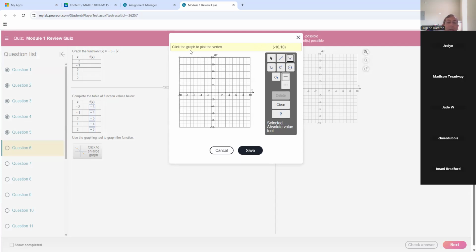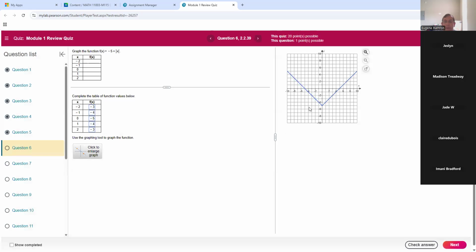When I click on that, it says plot the vertex. That's that middle point we had, that 0, -5. So I'm going to go here to 0 and down to -5. There's my vertex point. Now I can grab any other point I want to. So I'm going to do the -2, -3. So come left to -2 and then down to -3. That'd be my second point. Y'all, that little V-shaped graph looks exactly like what we had on our calculator, okay? So plot that one, then you're going to hit next.